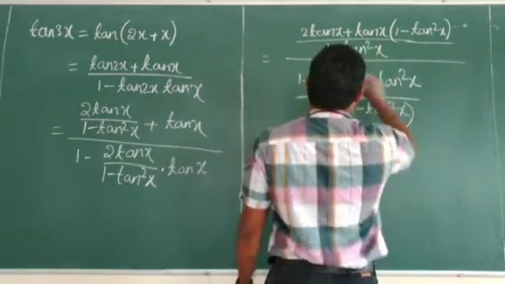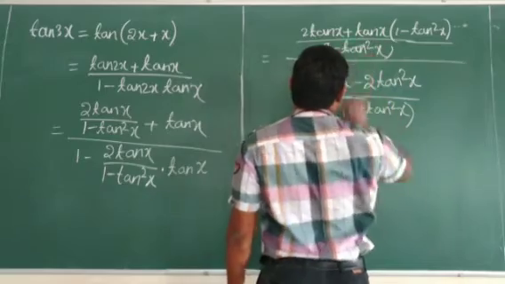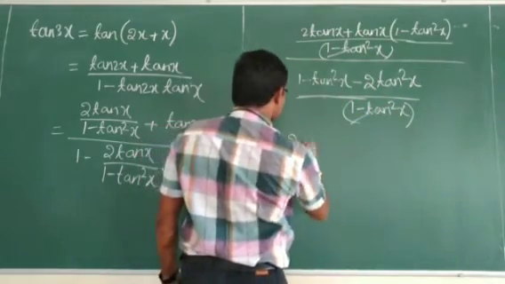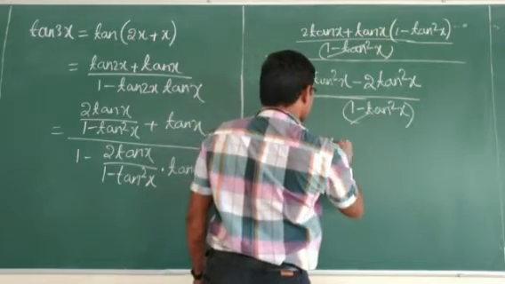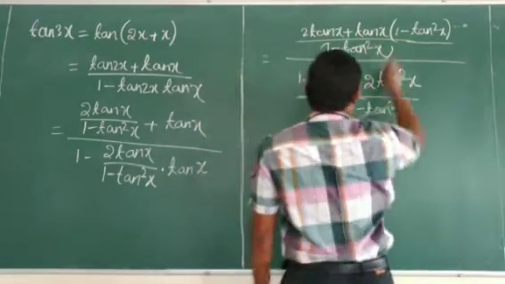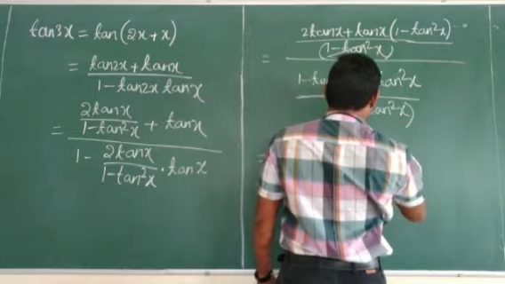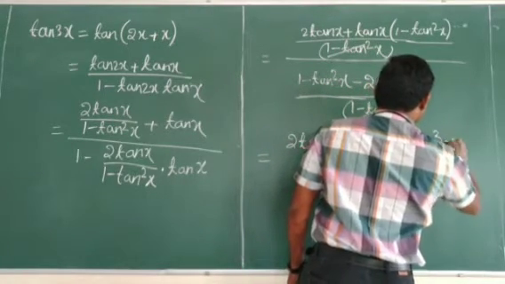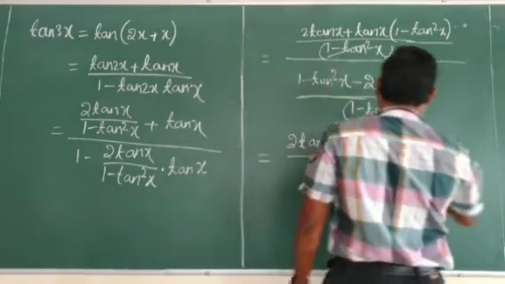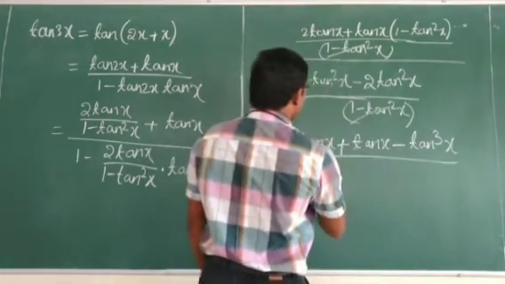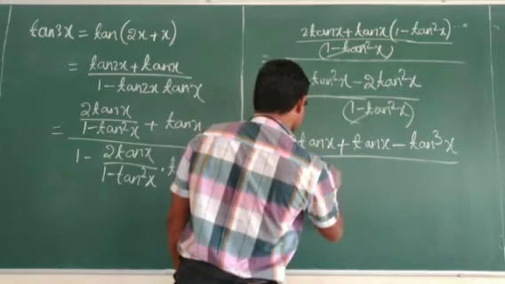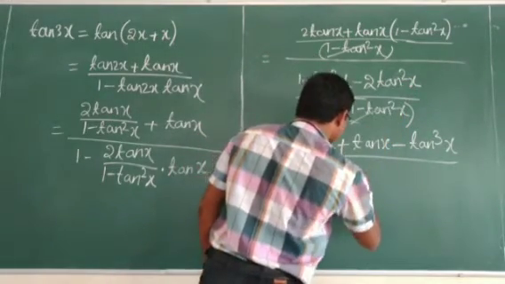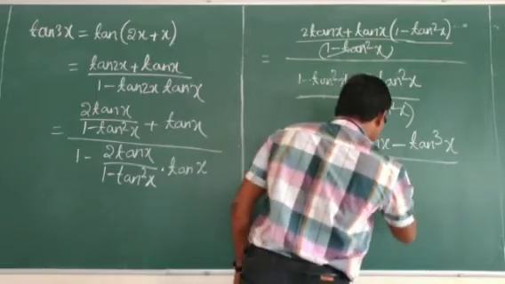Now you can observe the LCMs we have taken cancelled, so the remaining is 2 tan x plus tan x minus tan cube x, by 1 minus tan square x minus 2 tan square x, minus 3 tan square x.